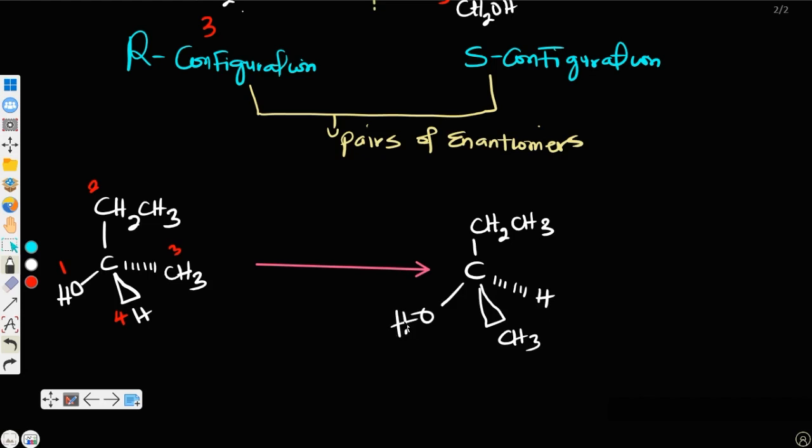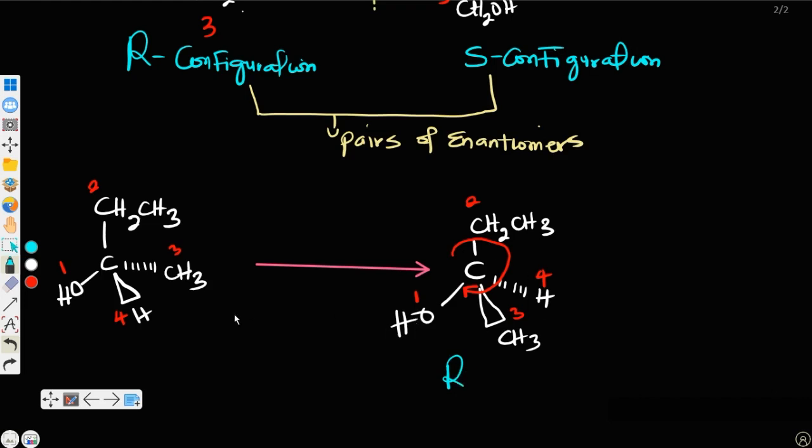So now you start your labeling again. Here will be 1, according to priority 2, here will be 3, here will be 4. So what is the configuration for this one? Going from 1 to 2 to 3 is in this direction. What configuration is it? R. Now this is R configuration.